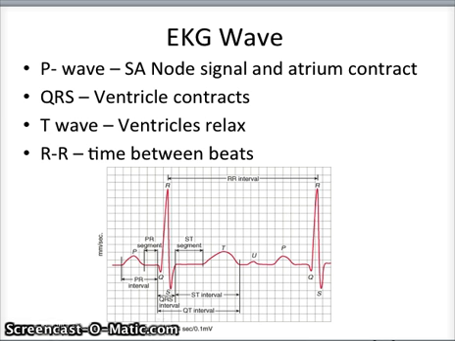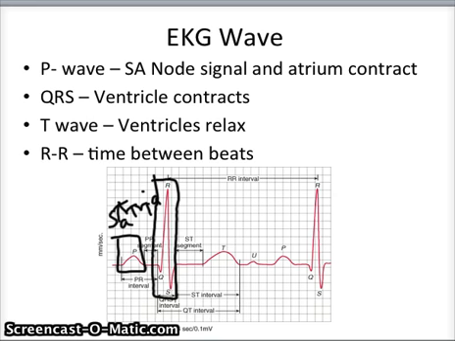So now we're going to go to the waves here. So we already talked a little bit about them, but we'll talk about them again. So the P wave, this is when the SA node goes, and this is the atria. All right, that's the atria beating. The QRS, our next one right here.